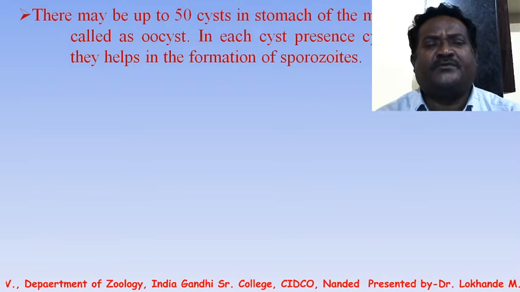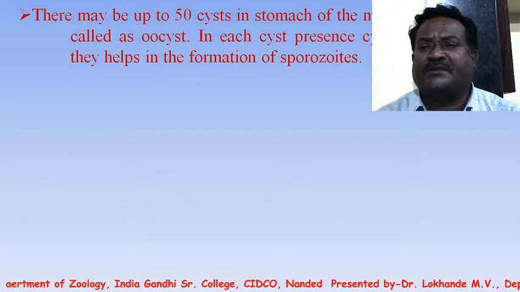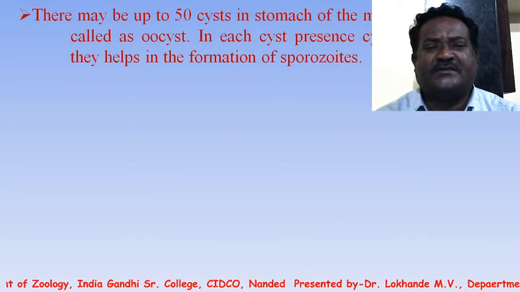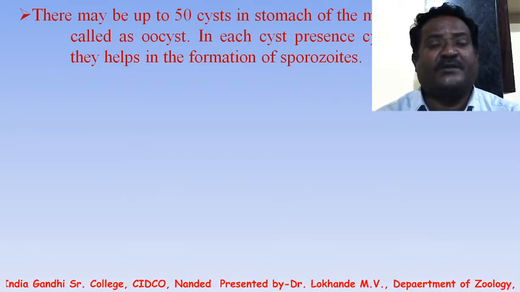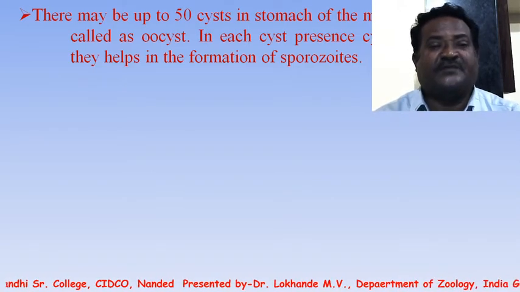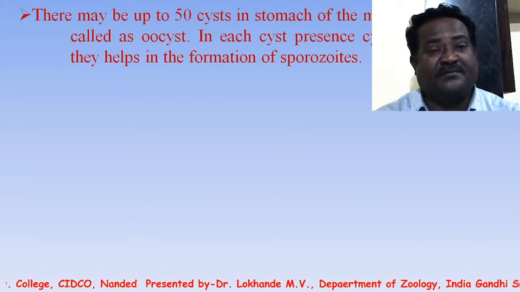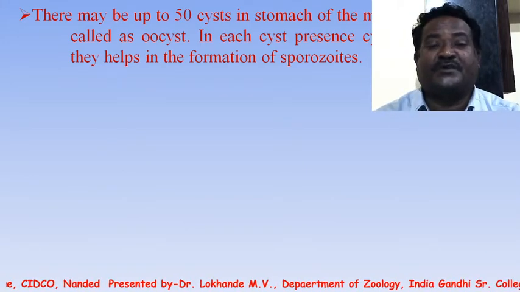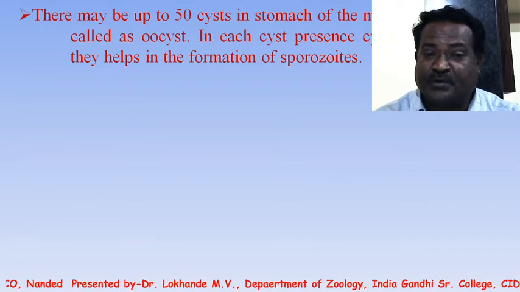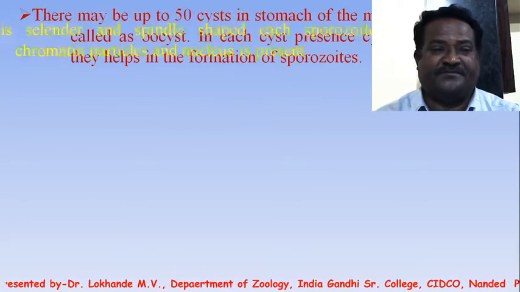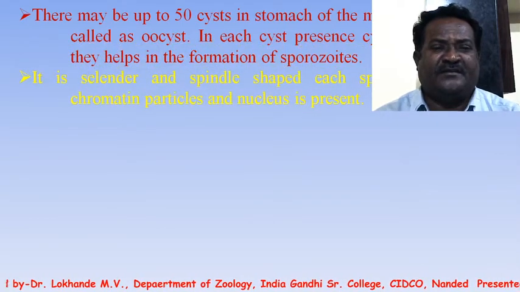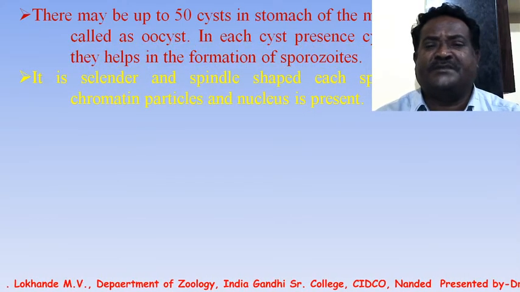There may be up to 50 cysts in the stomach of the mosquito, and the cyst is called the oocyst. Each cyst presents cytoplasmic masses, and these cytoplasmic masses are held for the formation of sporozoites. It is called sporogony, and it is formed by multiple fission. These are cylinder or spindle shaped.